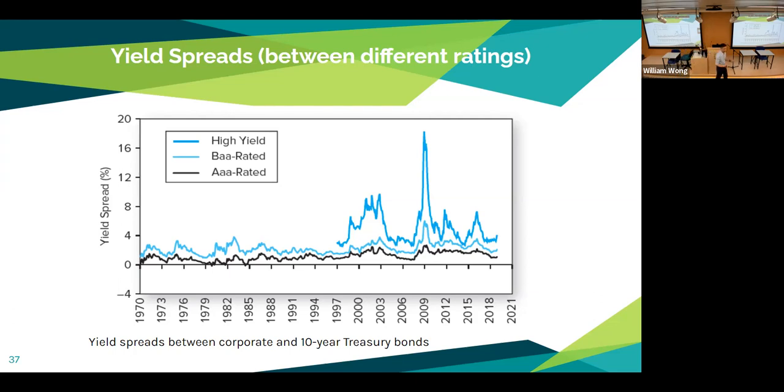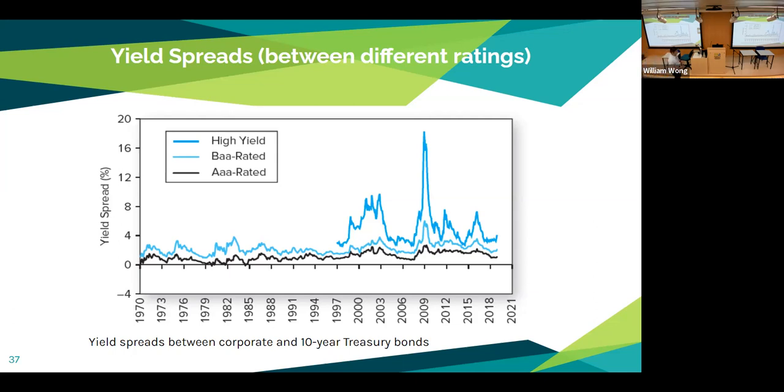A AAA nowadays, I think even for the US bond, it's going to be like a AA. I don't think there's any AAA. But AAA is the safest one, of course. Safest bond, low yield, low risk.